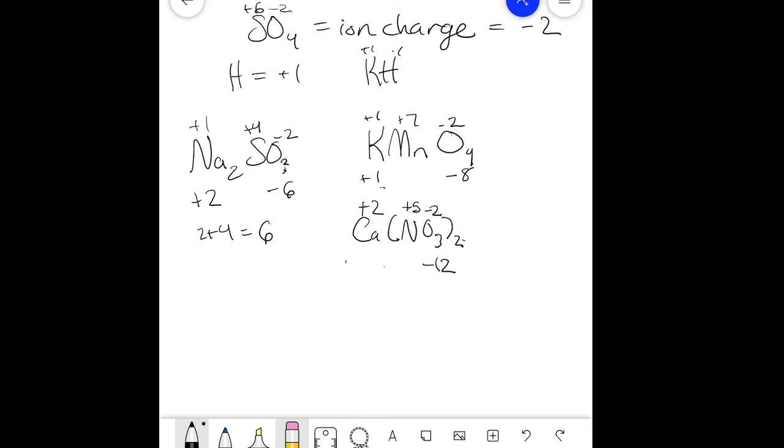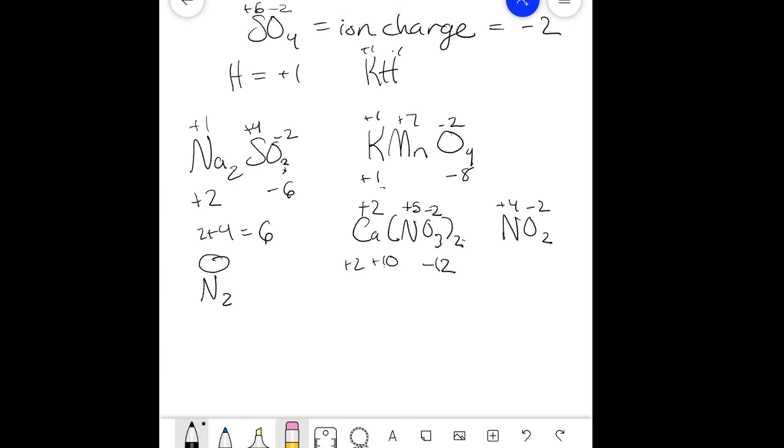So because we only have 2 here, we need this to be 5. 5 times 2 is 10 to get that 12. So just remember, if you have a subscript, you need to include that. It's like NO2, -2, so that's -4, +4. N2, remember, anything by itself, no matter what, it's just 0.